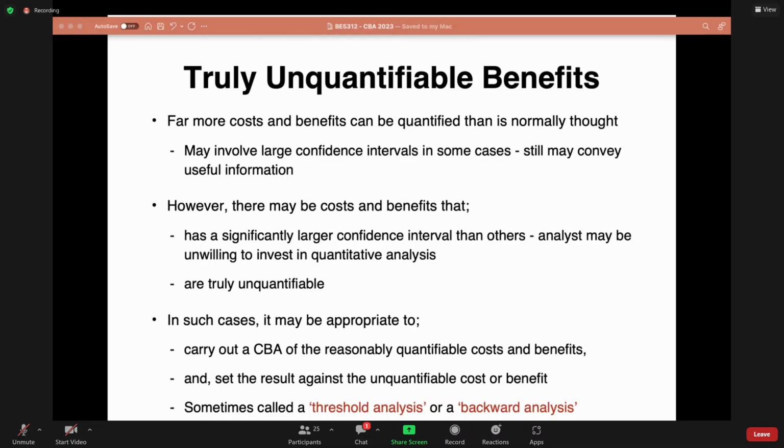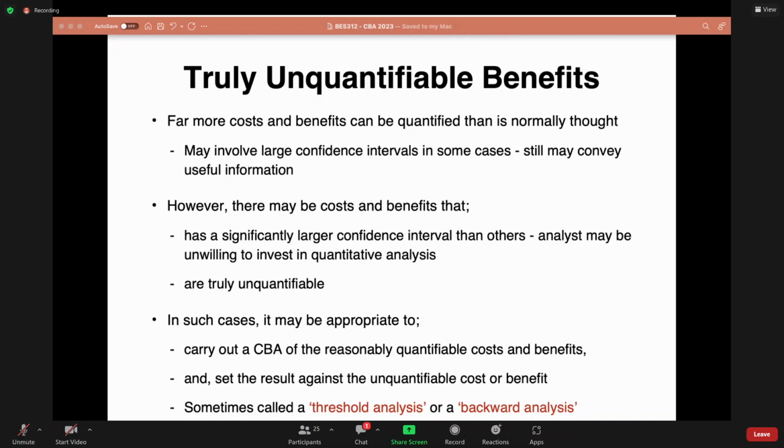So either due to lack of data, or lack of reliable data, there might be certain impacts that you are not able to quantify. What you can do in situations like this is carry out your cost benefit analysis using the quantified costs and benefits, and show your results against these unquantified costs and benefits.